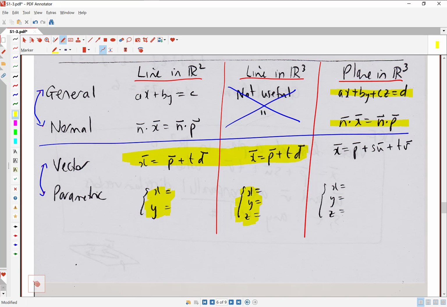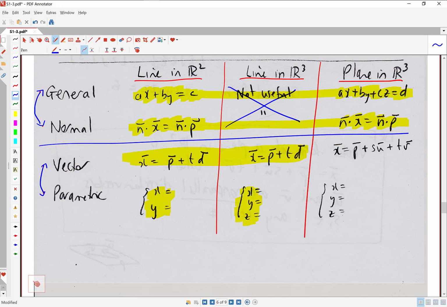You could rewrite this as n dot x equals n dot p. So the connection I would make here is that normal form for a line in R2 looks very similar to normal form for a plane in R3. The only difference is that if you're in R3, the vectors will have 3 components. So I would make a connection this way.